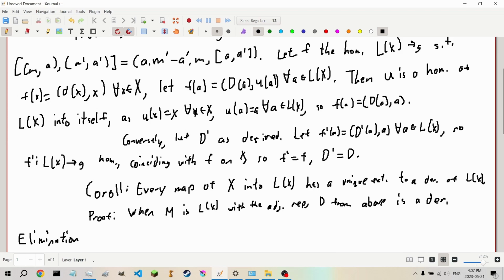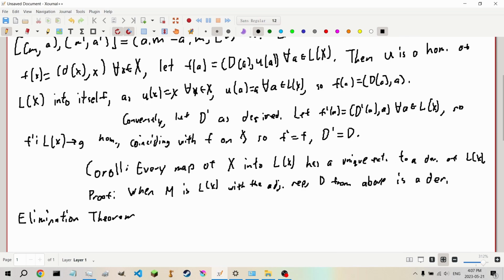Elimination theorem. Proposition. Let S1 and S2 be disjoint sets, and d be a mapping of S1 times S2 into L(S2).